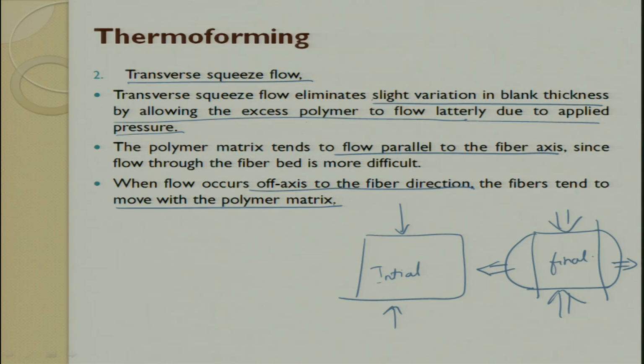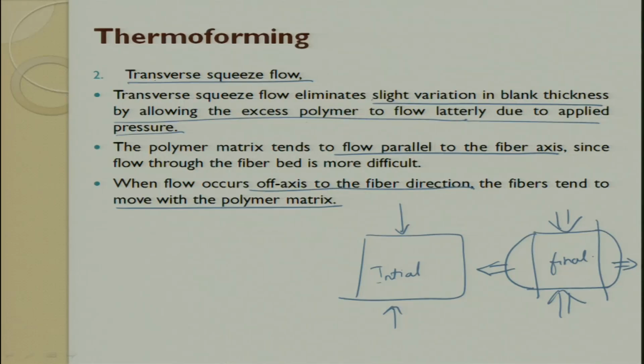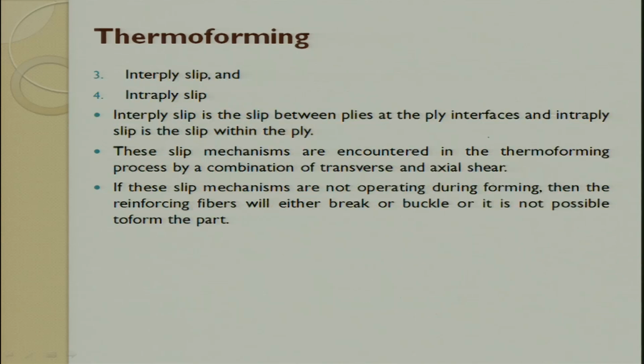So, this phenomenon is very, very important. Please note it down: transverse squeeze flow is to make sure that the excess resin flows out laterally, in the transverse direction, by applying pressure.